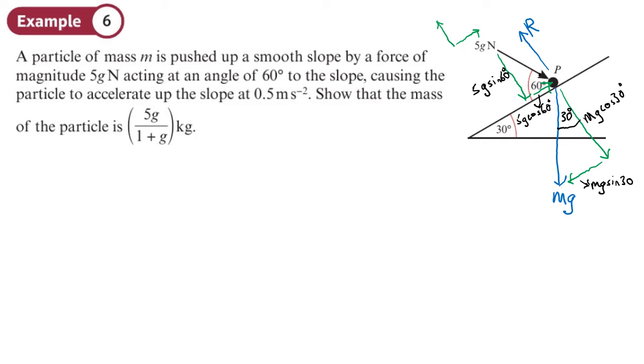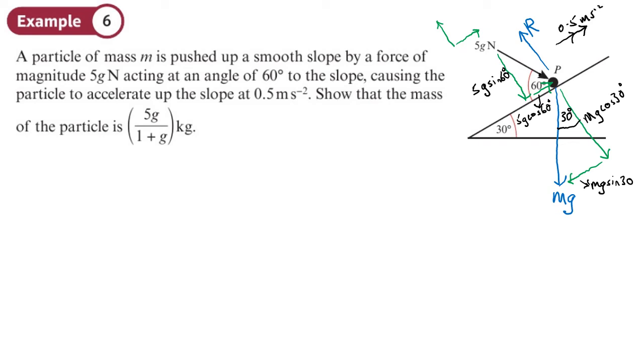Okay, right. So we want to show, and we know the acceleration, let's put that on as well. So it's going to be accelerating this way, and that's 0.5 meters per second squared.